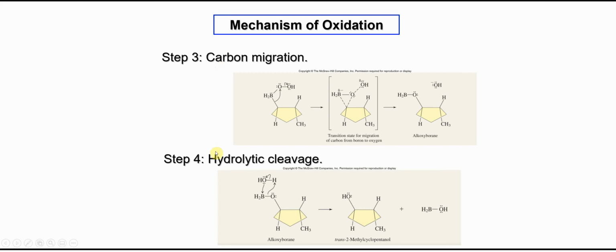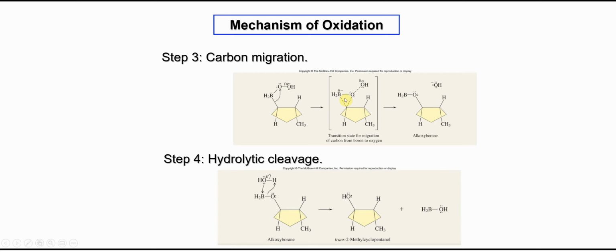What's going to happen? You have a carbon boron bond and you have a boron oxygen bond. Your carbon is going to be attracted by your oxygen. You again form a 3-membered ring. The carbon oxygen bond starts to form, and the carbon boron bond starts to break up. The carbon oxygen bond is more solid, and the carbon boron bond is slightly weaker because of the electronegativity differences.